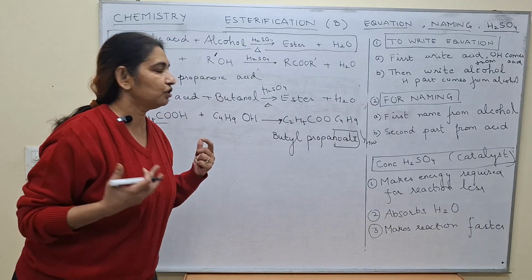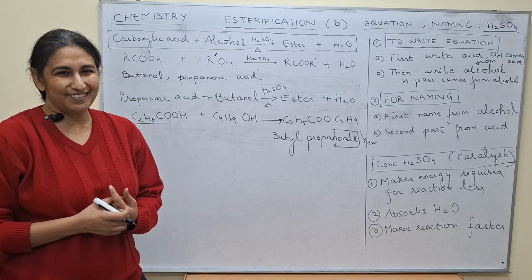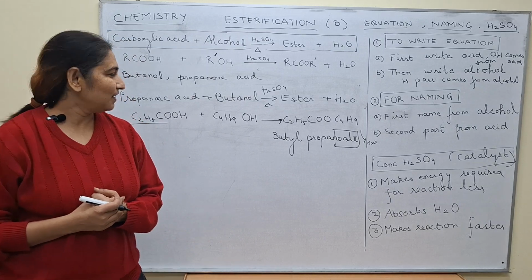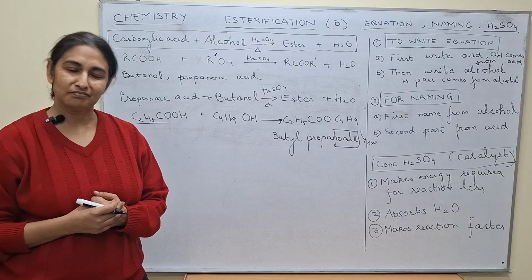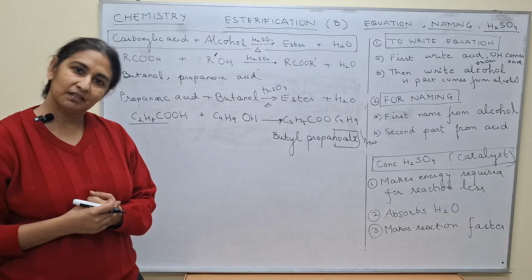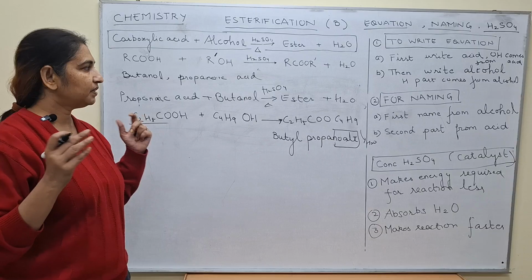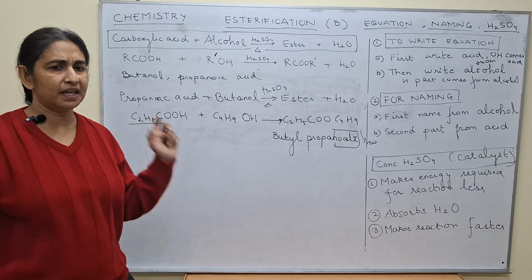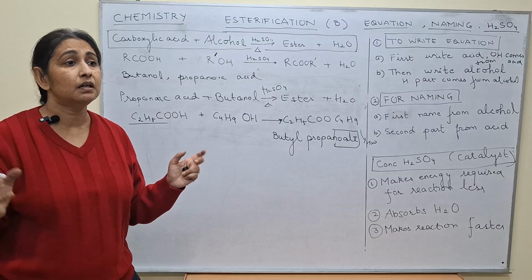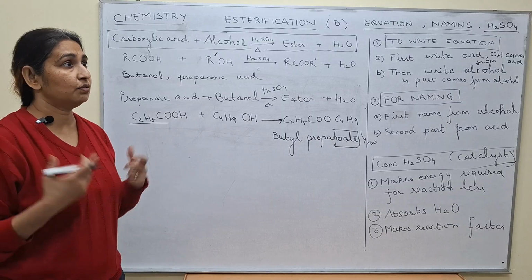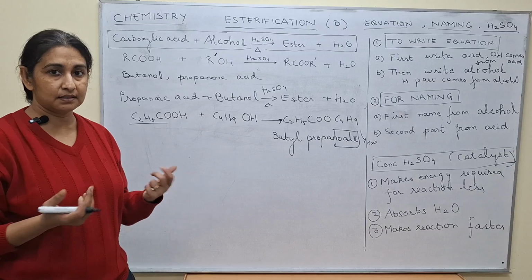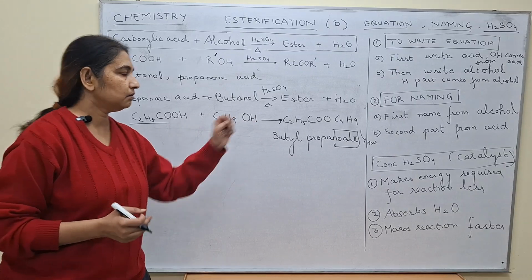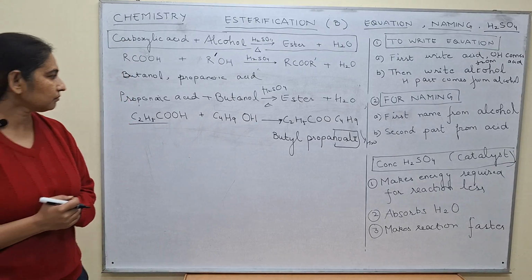C2H5COOC4H9 is butyl propanoate. Perfect? Understood? So we've done the example which is typically in the books, and we've taken one example randomly कि by chance वो वाला नहीं आए समझ आए, and you have to use your random acids and alcohols. You can make your own ester.